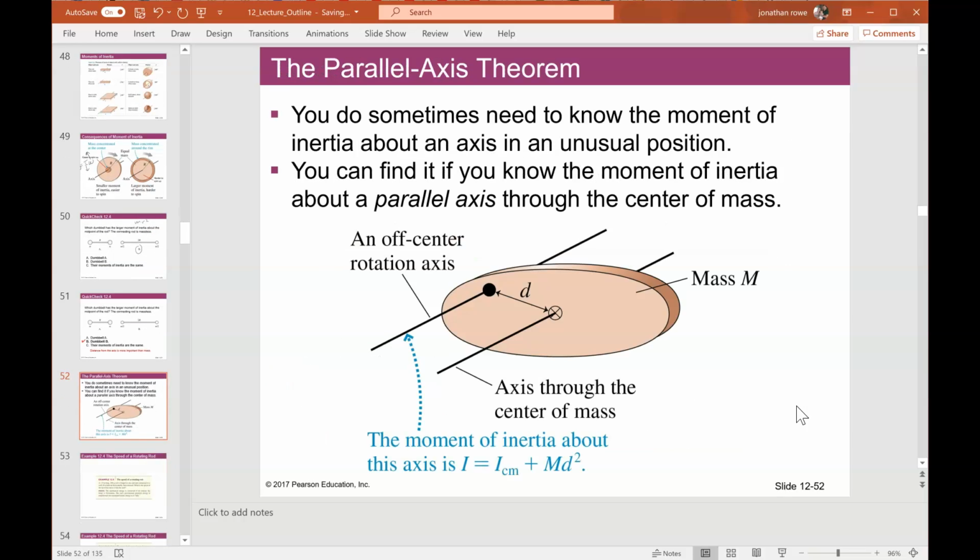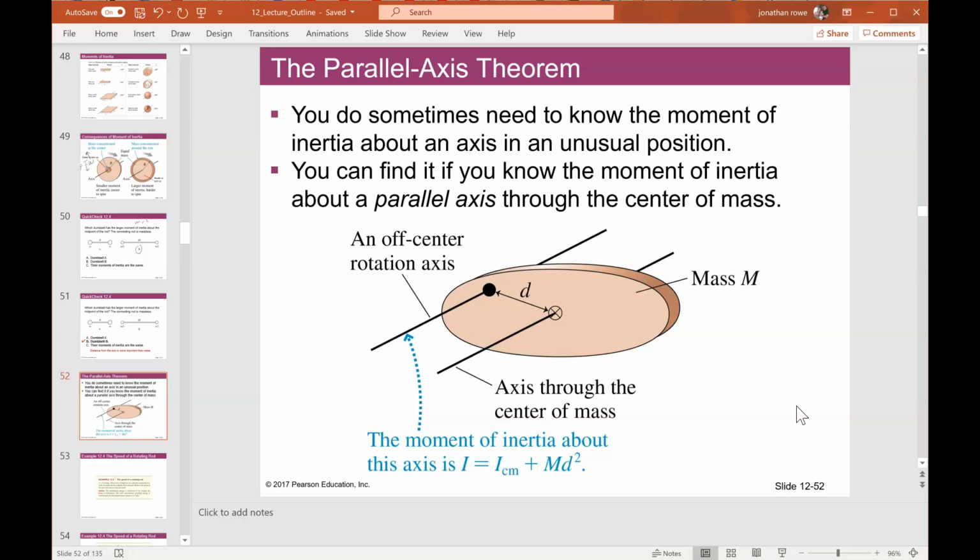All right, the parallel axis theorem. You do sometimes need to know the moment of inertia about an axis in an unusual position, like cams and stuff. You can find it if you know the moment of inertia about a parallel axis through the center of mass. So here's an axis through the center of mass. Here is an axis through a weird spot.